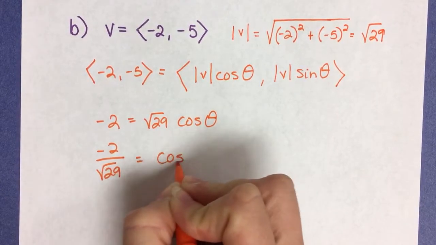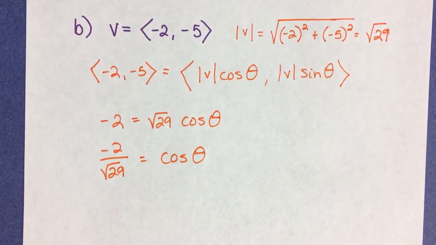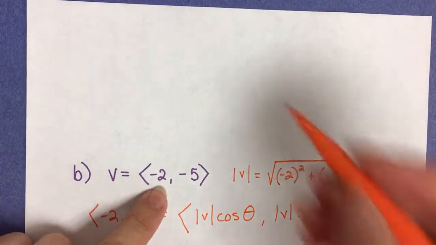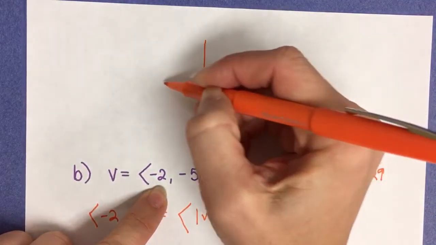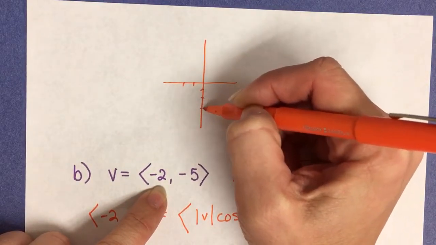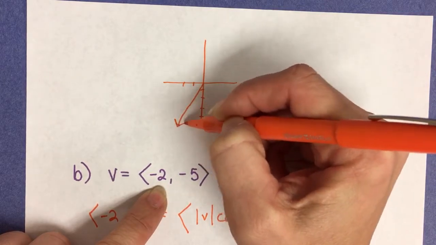Now, the fact that this value is coming out to be negative is what's causing a little bit of problems as far as doing the calculations in our calculator. I've already mentioned, let me just go back up here a second, that this is located in the third quadrant. So if you have -2, -5, this vector is coming out here, okay?